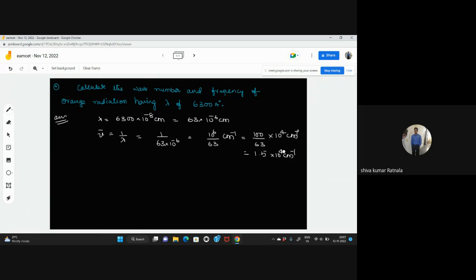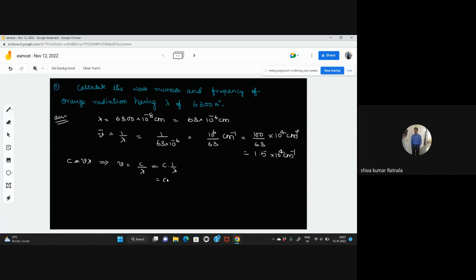And at the same time, he is asking about the frequency. We know the relation C equal to nu lambda. From that, frequency nu equal to C by lambda, which we can write as C into 1 by lambda, or we can write as C into nu bar.